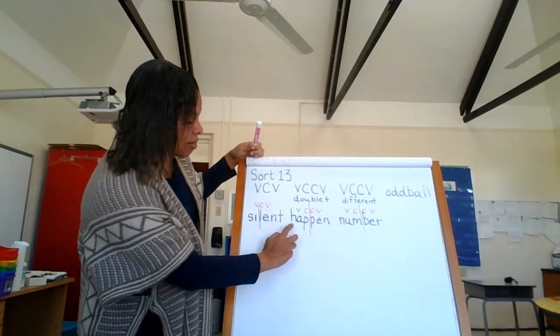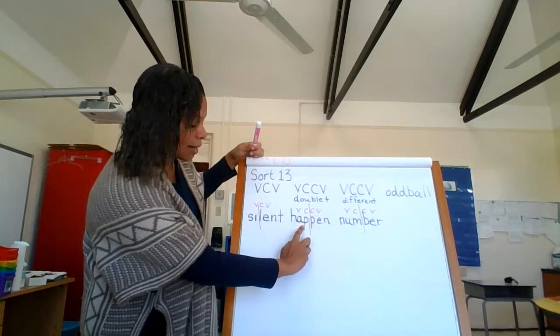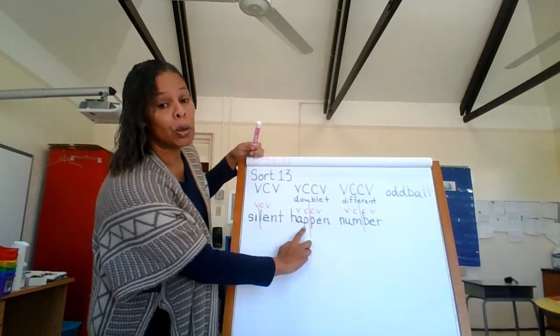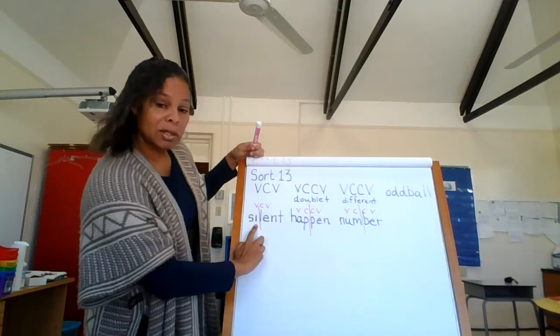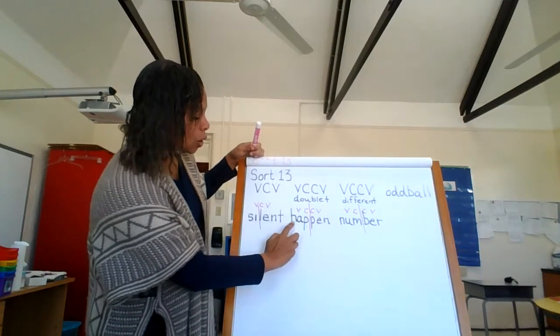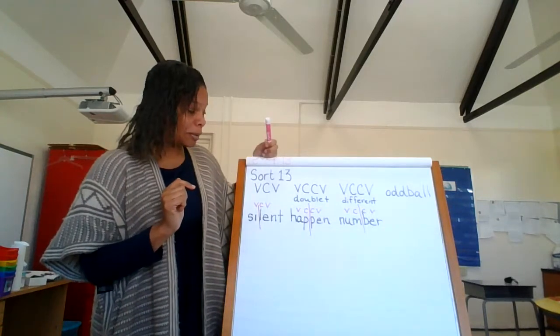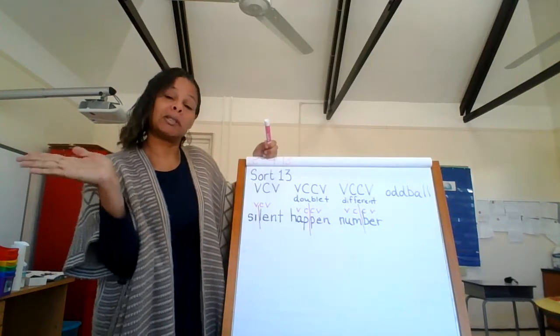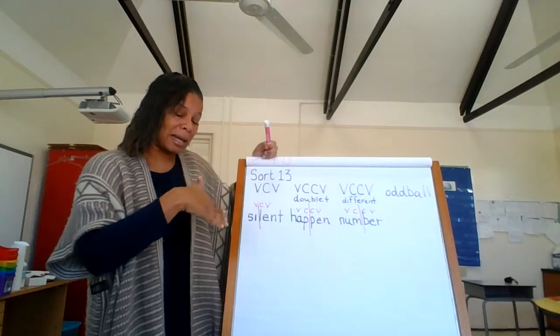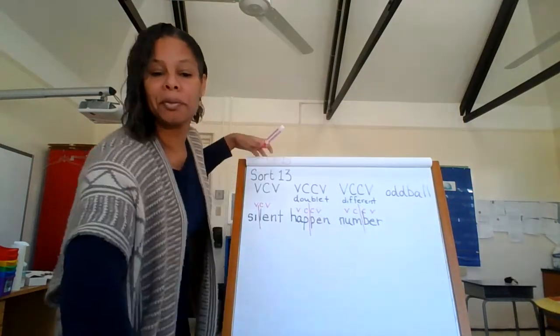In these words, the first part ends in a consonant, so this is called a closed syllable. Open syllables make a long vowel sound. Closed syllables make a short vowel sound. Okay, if that's a little bit confusing, maybe just rewind me, go back to the beginning, and then play it again. But if not, we're ready to move on.